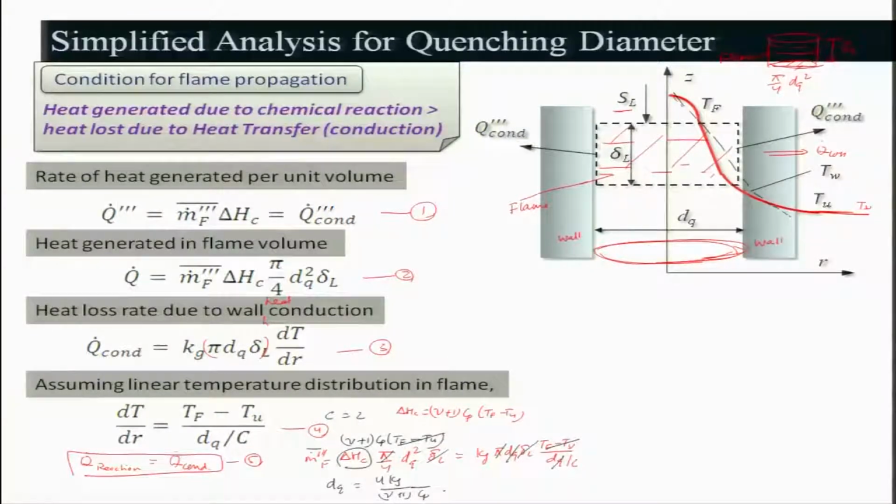What else? Any other thing? Then m dot triple dash F, 1 over that, right. C is coming, C will be in the numerator. So, this is C and this will be under the root. Yes or no? C is a constant, you can see it is basically a constant.